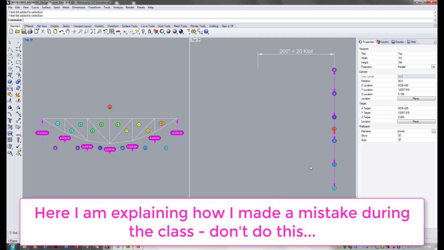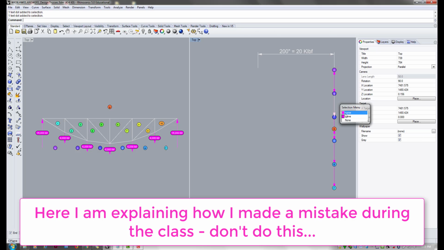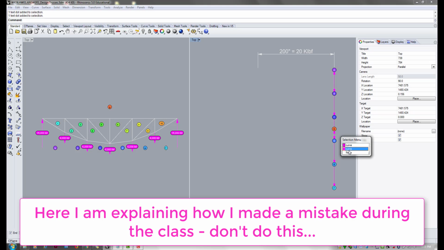And that caused the mismatch between the force diagram and the form diagram here, because the force diagram shows the first load as being AB, second one being BC, next one being CD, and for example the reaction being FG.